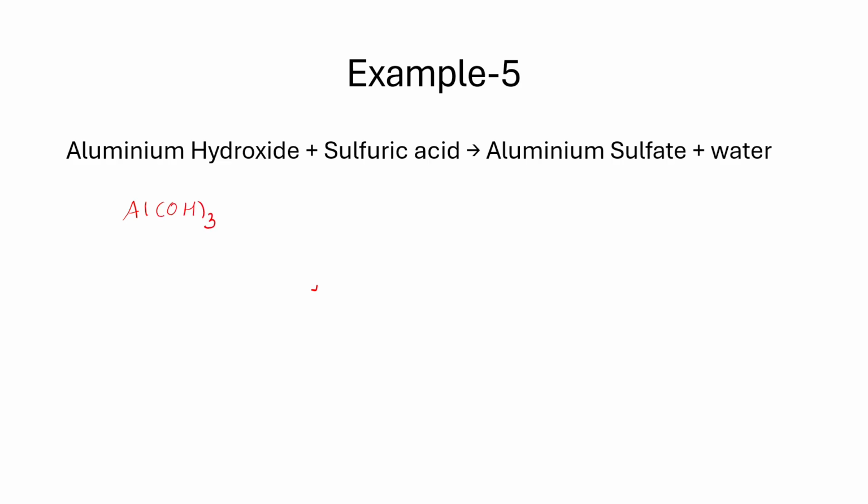Al(OH) whole thrice plus H2SO4 gives us Al2(SO4) whole thrice plus H2O.